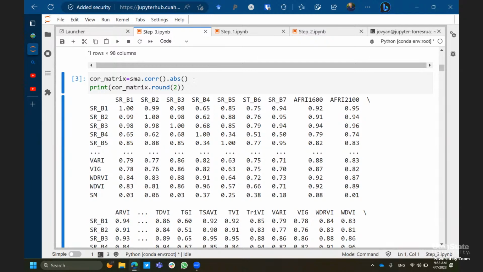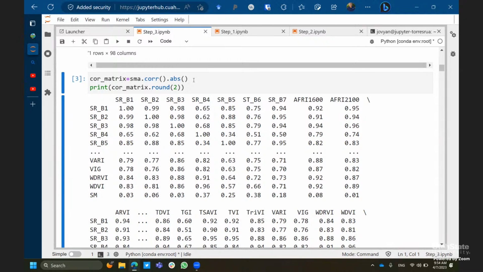For example, the correlation of band 1 against band 1 has to be 1. It's a perfect correlation. Correlation band 2 and band 1, look, 0.99. They are highly correlated. Band 3 and band 1, 0.98. So in statistical terms, it doesn't matter which band I choose. I can choose only band 1 and discard the other 2 because the information is very similar.